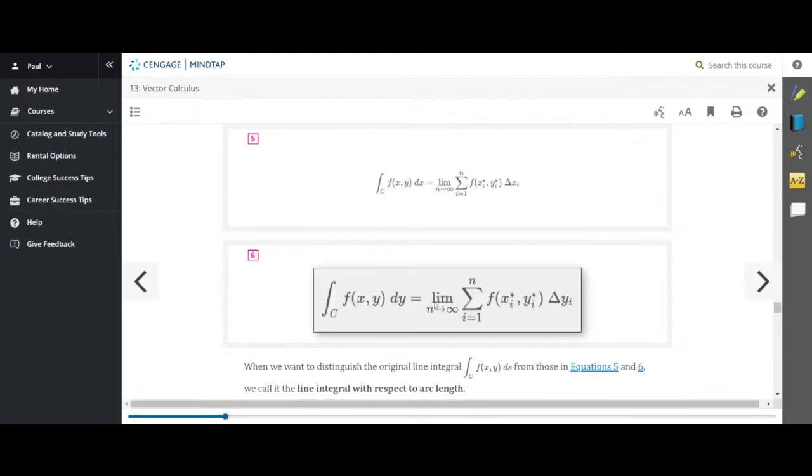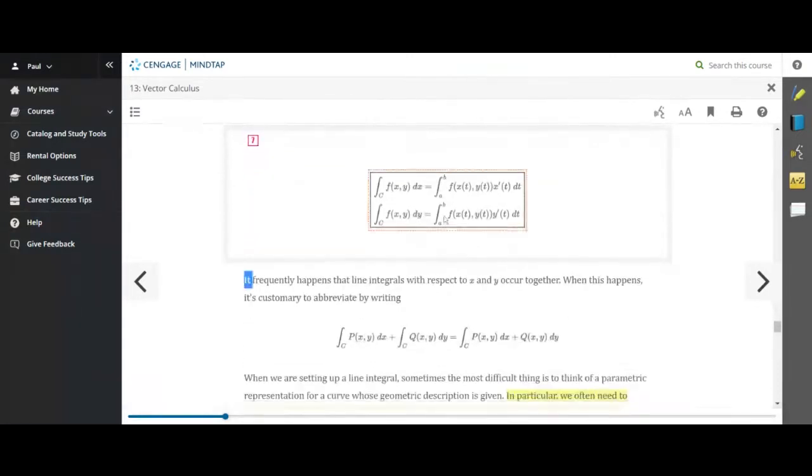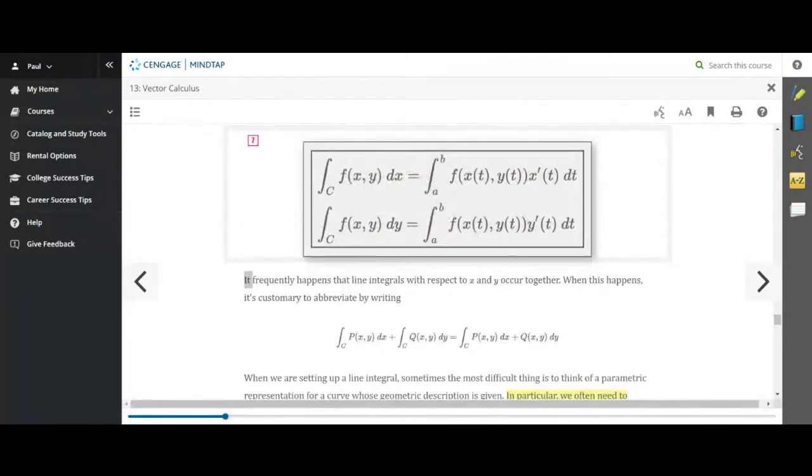If you're doing a line integral with respect to x or y, those are the corresponding formulas.